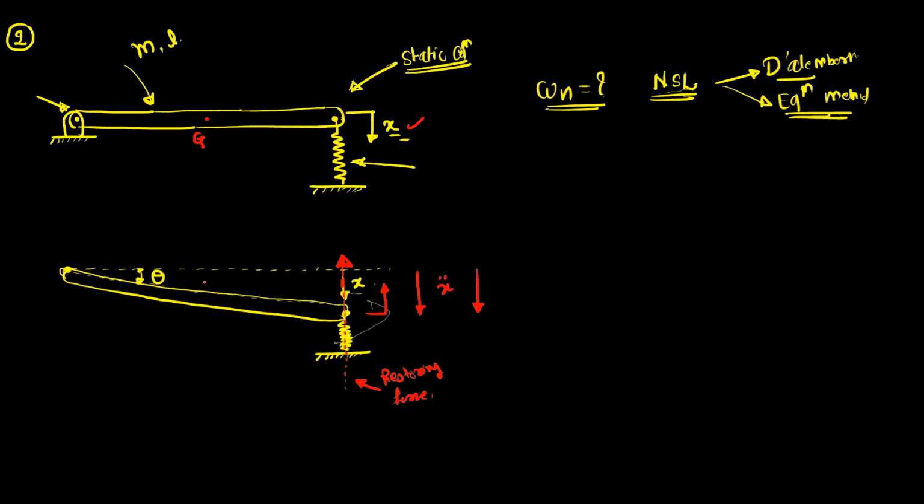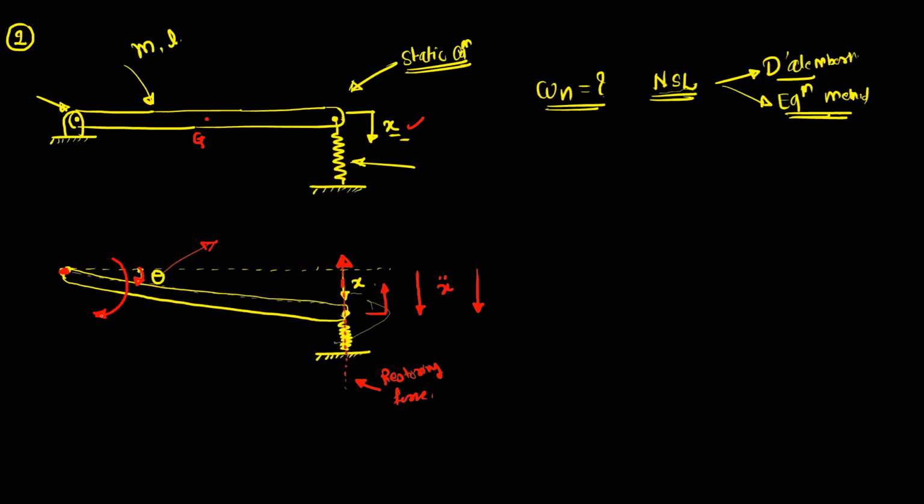So for the rotational system, we will use the angular displacement theta as the system parameter. As the system is rotating about this point, theta is in the clockwise direction, because x is in the downward direction.